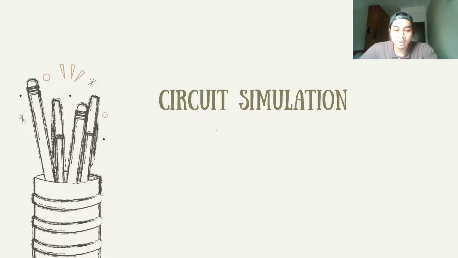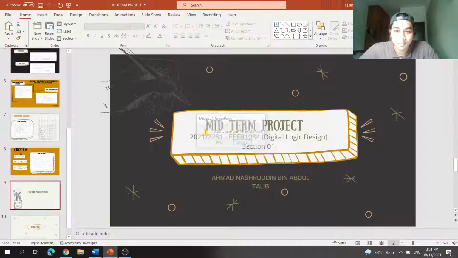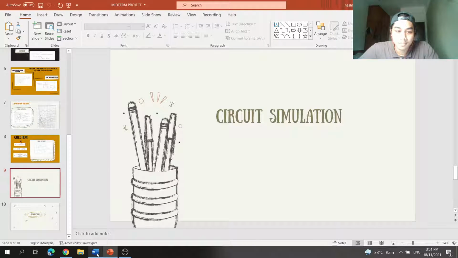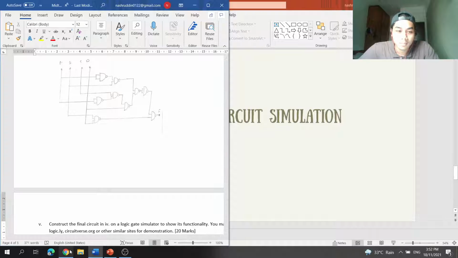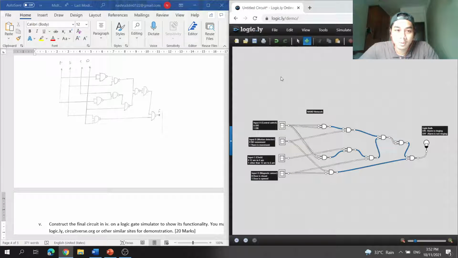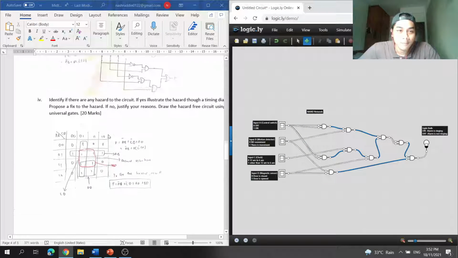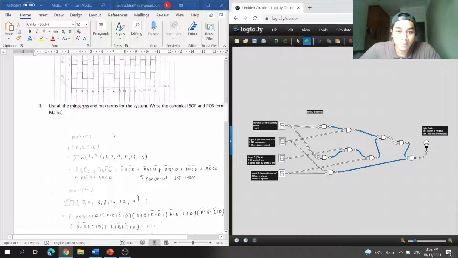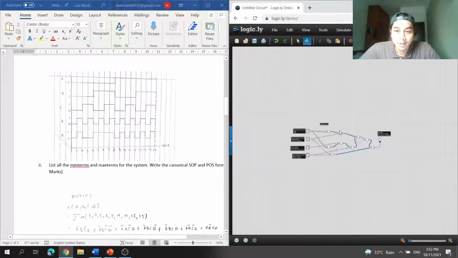For the circuit simulation, I will show you my simulation using Logic L1. We need to verify the logic diagram.